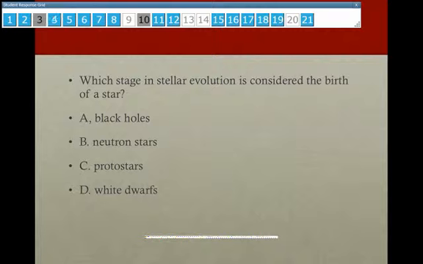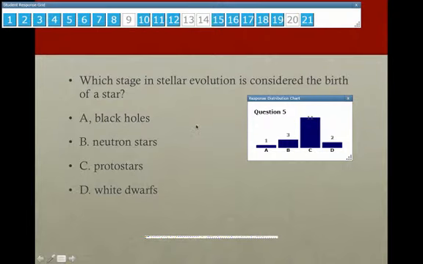Okay. The answer is C. It is protostars. The other three are the end product of the death of a star.